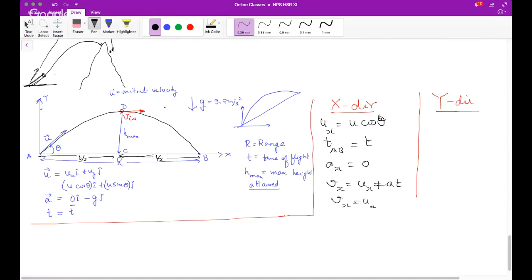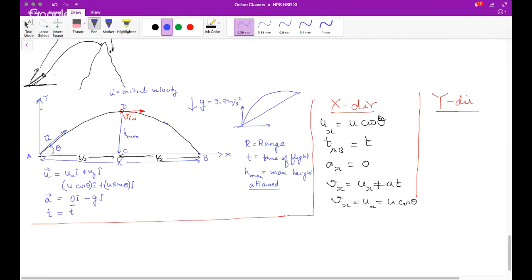That means if you see this instantaneous velocity, at any given time, the x component of the velocity is the same as the initial x component of the velocity. So here, v instantaneous at this point has the same x component as u, that is u cos theta. So the x component of velocity is u cos theta all the time.